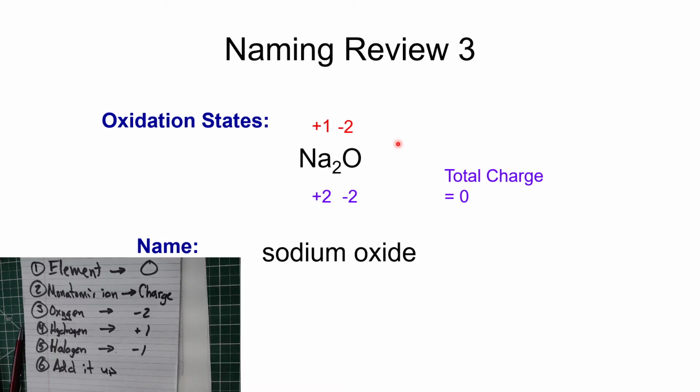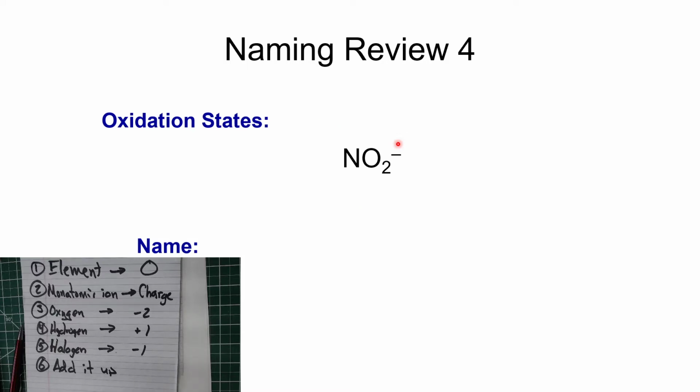All right, next. I'll give you a second to answer what the name of this is. Hopefully you said nitrite ion, and that is correct. All right, so this isn't an element by itself. We're going to again jump ahead to Rule 6, and Rule 6 tells us that the sum of all the oxidation states comes out to the charge. Since this is a polyatomic ion, we look at the charge here, and it's negative 1.